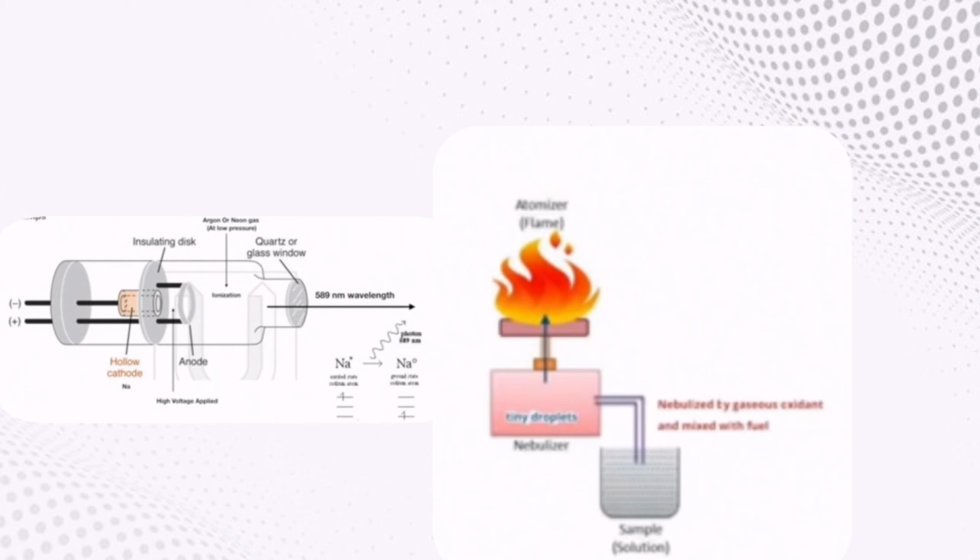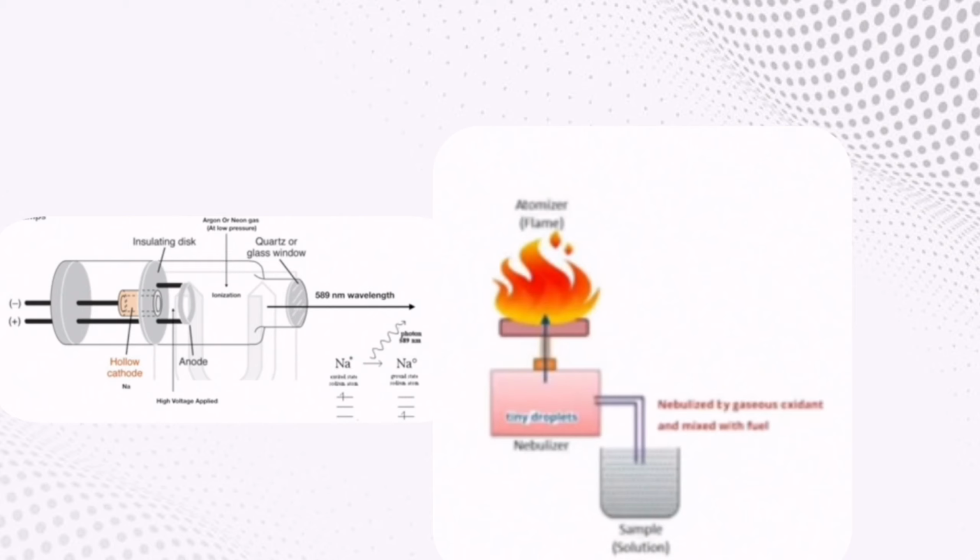Now, these atoms interact with the energy emitted from the hollow cathode lamp. That is, considering the example of sodium, the hollow cathode lamp emits a wavelength of 589 nanometer. This falls on the atoms produced from the sample in the atomizer. In the sample atoms, if sodium atoms are present, they absorb this radiation and reach the high energy state or excitation state.